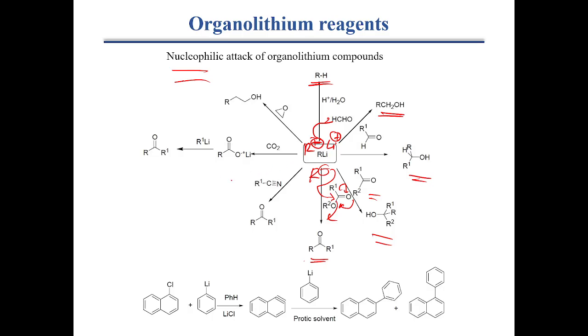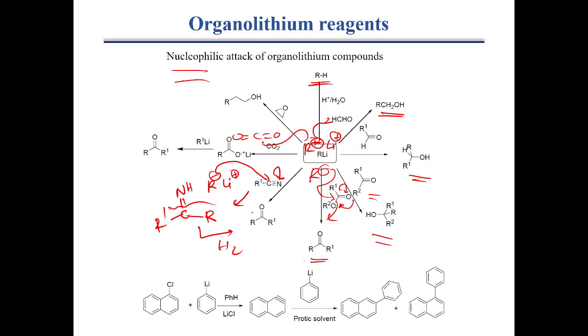Cyano group also, R minus Li plus. It will react with the cyano center and go this way, giving R1 C double bond NH, this R. And after hydrolysis, it will form this ketone. It will also react with carbon dioxide.